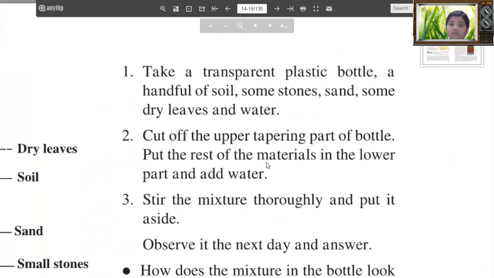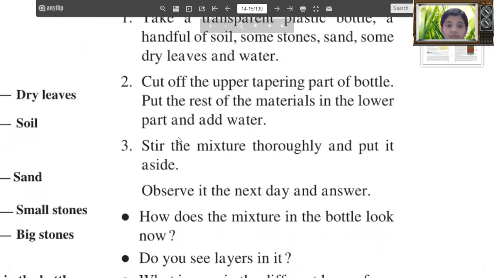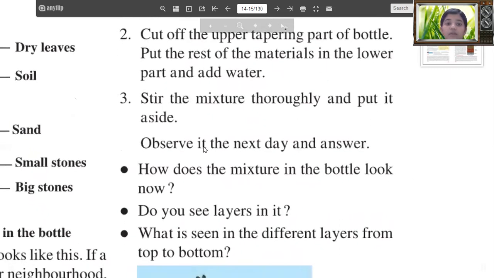Put the rest of the materials in the lower part and add water. Stir the mixture thoroughly and put it aside. Observe it the next day and answer.